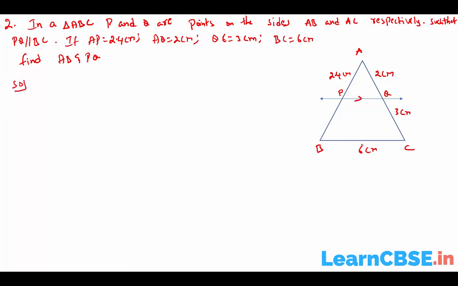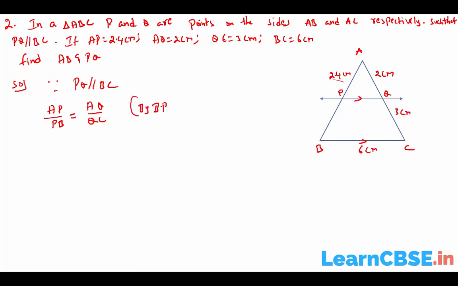Given PQ parallel to BC, since PQ is parallel to BC, AP by PB equals AQ by QC by basic proportionality theorem.